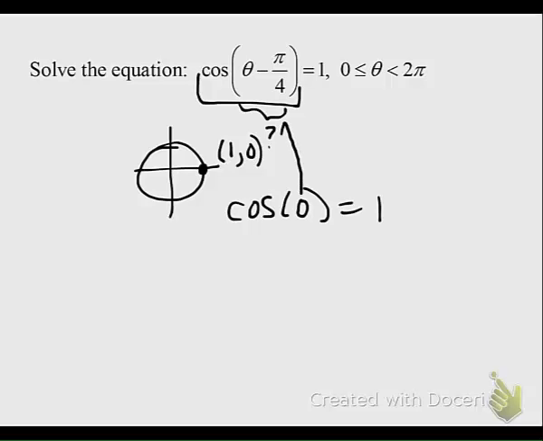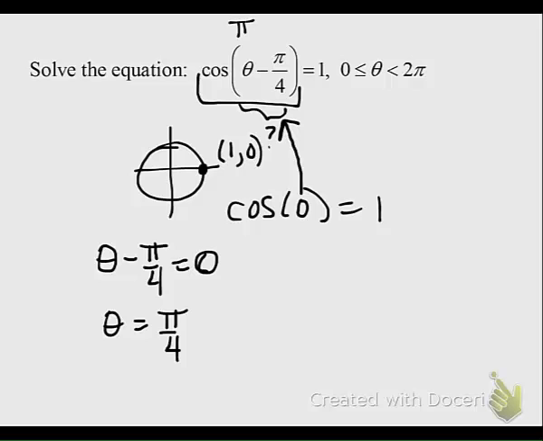So we want to set 0 equal to theta minus pi over 4. What we're saying is that if you take pi over 4 and plug it in right here, then pi over 4 minus pi over 4 equals 0, and cosine of 0 is 1. Does that make sense to everyone? Okay. So that's the theta that works, plus or minus 2 pi k.